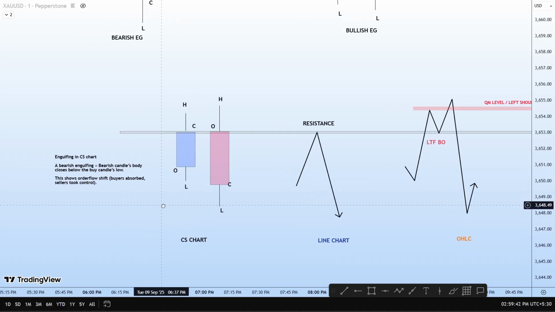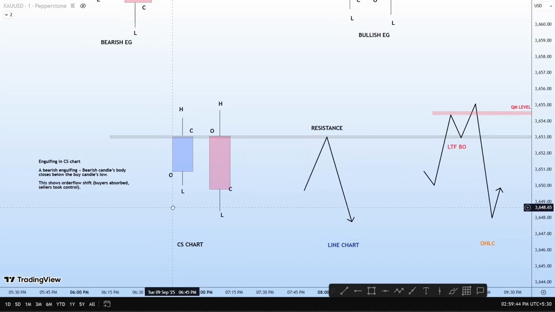And one more key detail is that this shows the order flow has shifted. The buyers that pushed from this low have been engulfed by the bearish candle. That means the buyers have been absorbed and the sellers took control. This is the meaning behind the engulfing pattern.